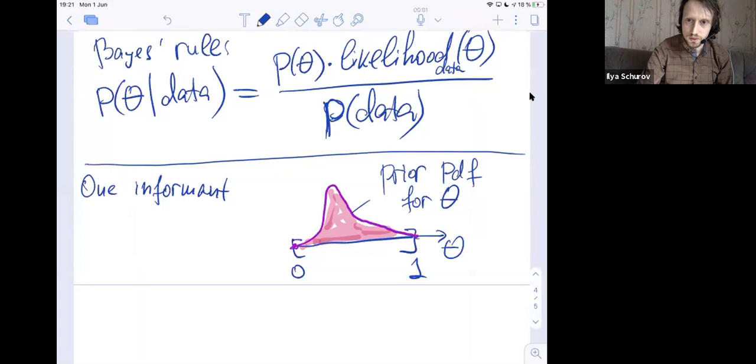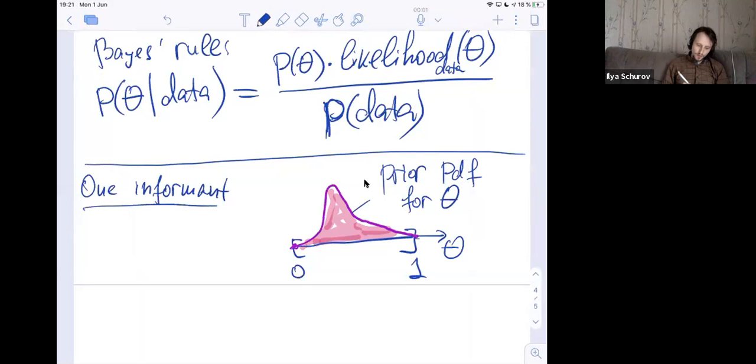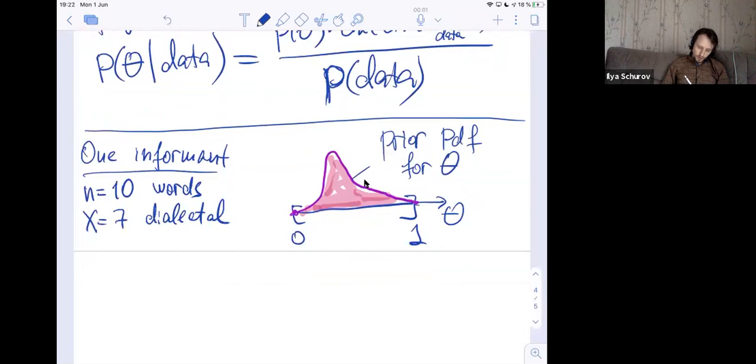For example, dialectal and not dialectal. Assume that this informant produced n equals 10 words, and out of these words we have 7 dialectal. And what we are interested in is probability to get a dialectal word. So this is theta. This is exactly the model that we discussed so far.